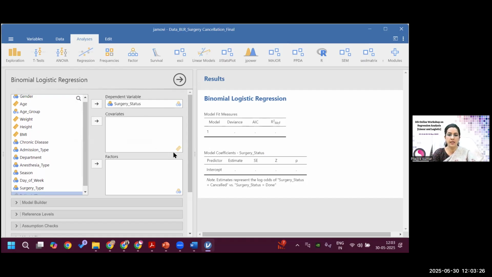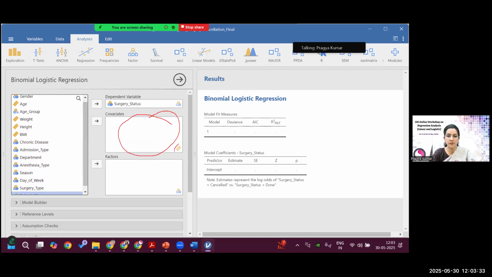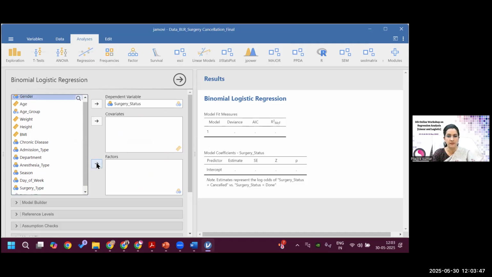Here you will enter the covariate, which is continuous. In this box, you enter the continuous variables, which are scale variables, and in this box you enter the categorical variables. I'll start with gender because that's the first variable. I'll put gender here in the factor.